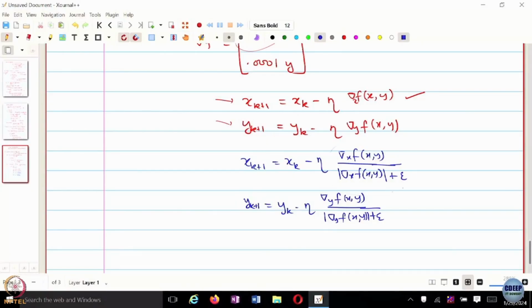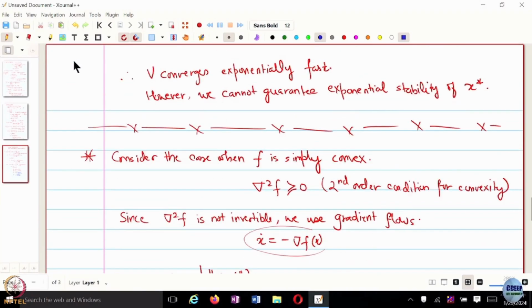So the norm of this quantity is 1, and you can view this as an adaptive gradient step, right. At each iteration your step size changes, and it changes with the norm of the gradient. So I can view this as an adaptive gradient step method, but what you are really doing is normalizing your x and y direction, and that is what your Hessian inverse is in some sense trying to do here.